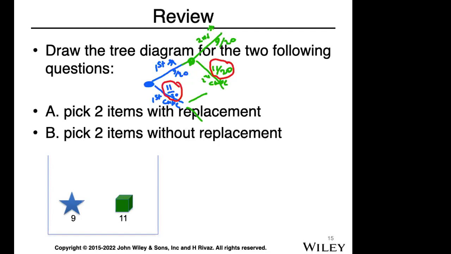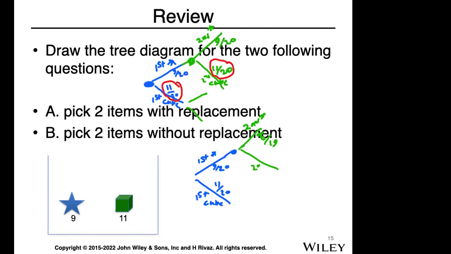But in part B, the story is different. Again, I'm at the node. So first item star, and then first item cube. So this is 11 divided by 20, and this is 9 divided by 20, right? But here the probabilities change. So for the second item star, since I already picked one star, this is going to be 8 divided by 19, and this one is going to be 9.